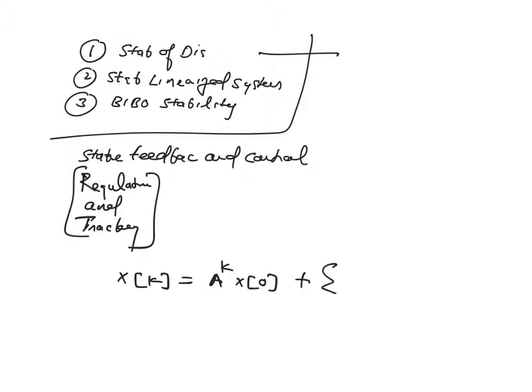And then everything else, but it depends on matrix powers, right? So if we are talking about the stability of a discrete system, it is dependent on A to the power k. So instead of matrix exponentials, we have matrix powers.